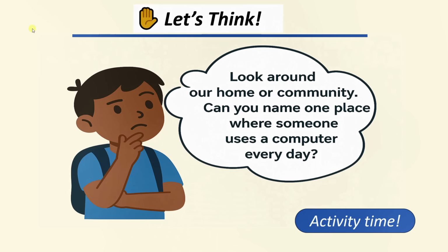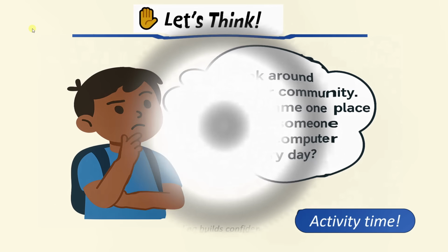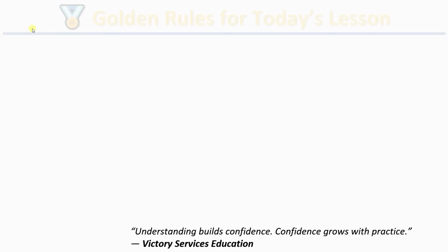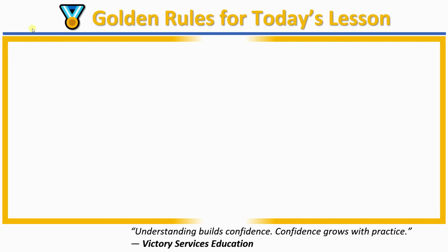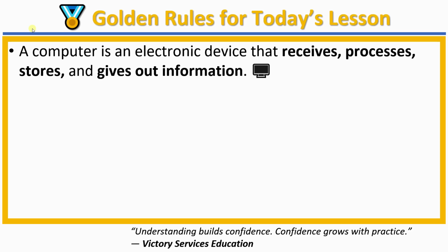Now, let's go over what we have learned in this whole session. These are your golden rules, the things that you can carry with you as you grow in ICT. The first thing, a computer is an electronic device that receives, processes, stores, and gives information.